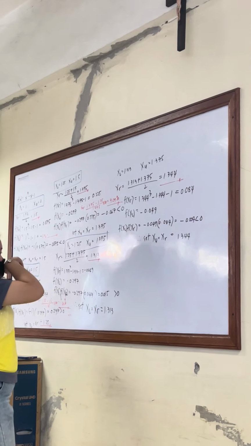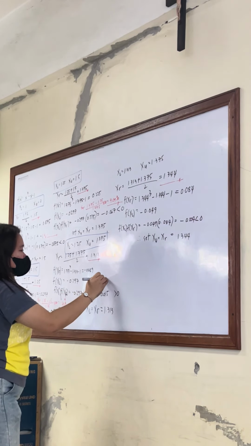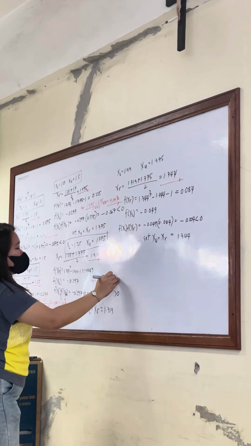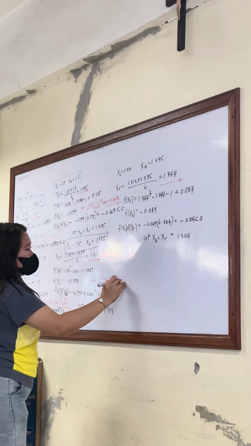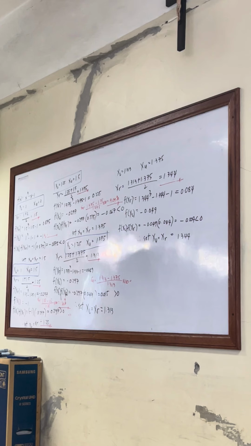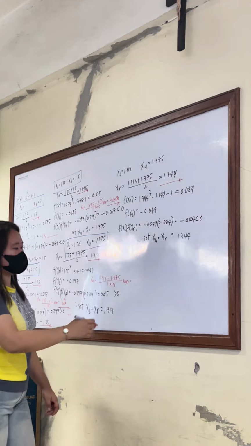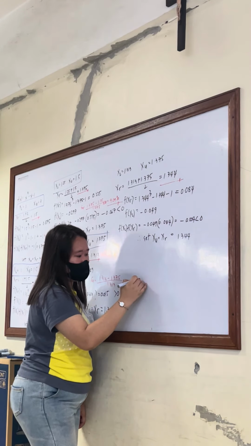Okay, sa fourth iteration, we have E sub A, 1.313 minus 1.375 all over 1.313 multiplied by 100. Kuan, miss, 4.7. 4.7, miss.